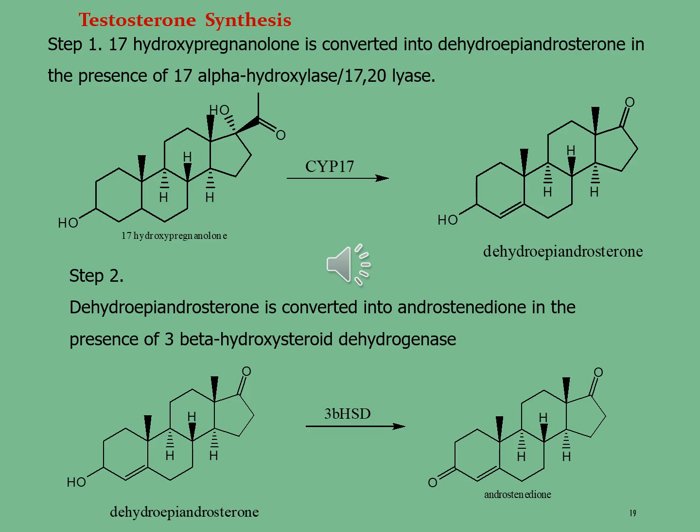In addition, there is a carbonyl group at carbon 17 position. So the only change that takes place at carbon 3 position is the presence of a carbonyl group in the androstenedione instead of the hydroxyl group, which was present in the previous structure, dihydroepiandrosterone.